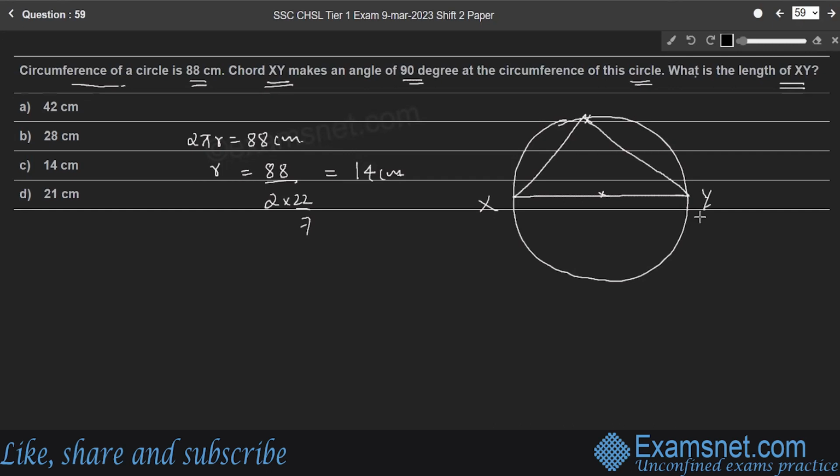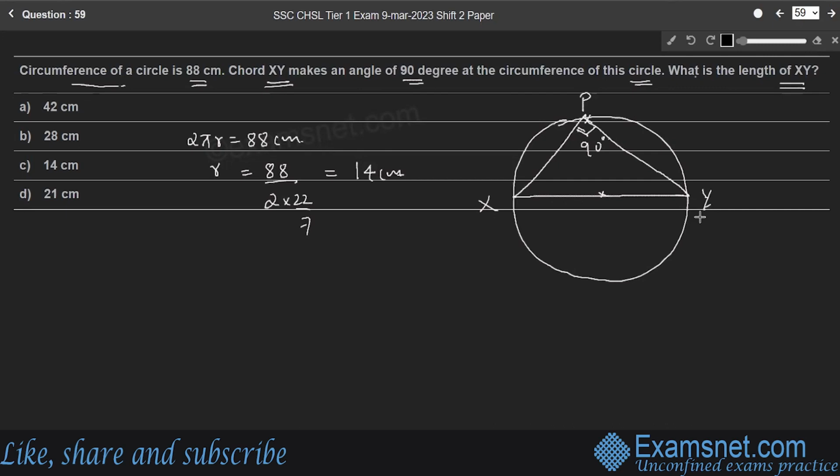Let the point be P, so angle XPY is 90 degrees. Only a diameter can make an angle of 90 degrees at the circumference.